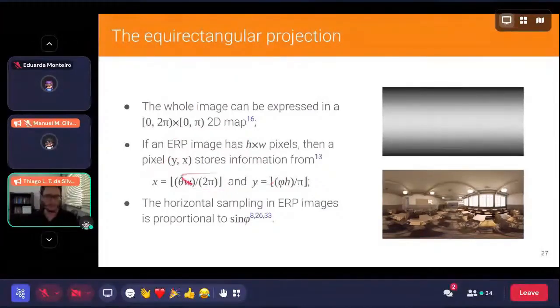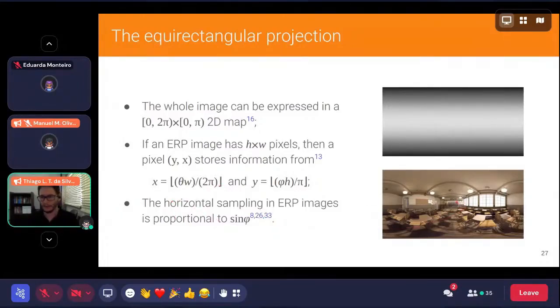And this is done using this formula here, assuming that we have H pixels in height and W pixels in width. Okay, so we can map this whole scene information in a discrete matrix that stores all the scene information. And here we have a rectangular representation of that spherical image that was represented on the sphere itself that we saw before. Okay.